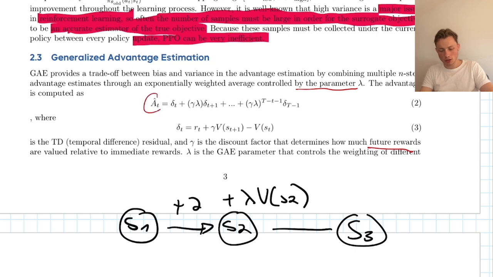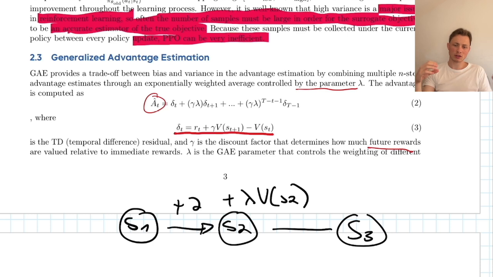Before we understand this term in the GAE estimation, we have to understand the delta first. And delta calculates the temporal difference learning residual, which is just the error that we are making in one step.